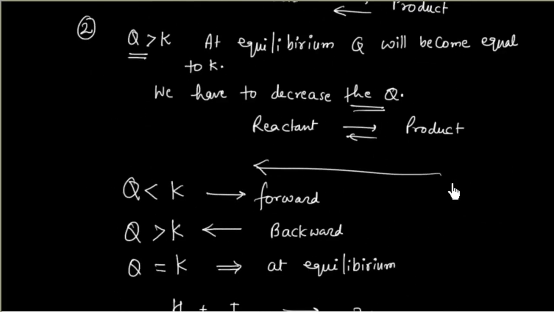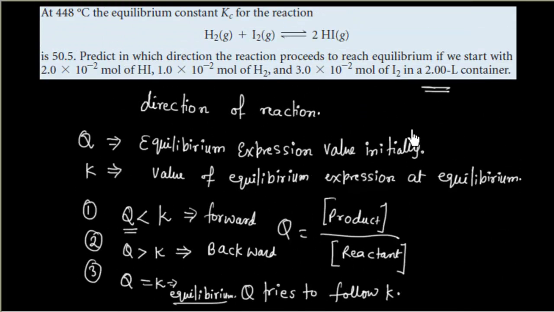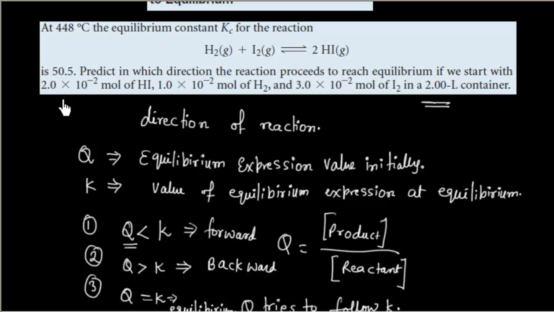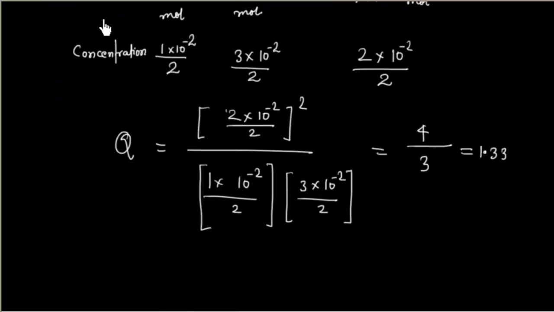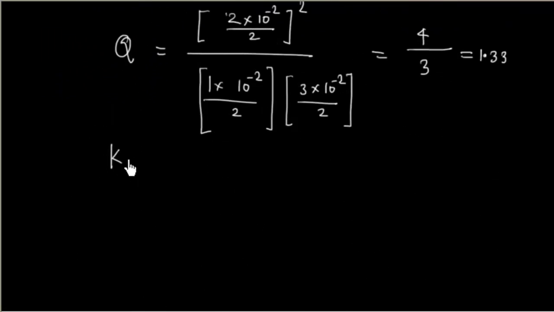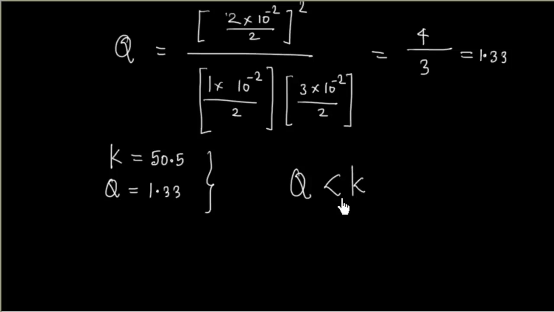Now the K value is given in the problem. It says K is 50.5, and we have calculated Q, that is 1.33. So we have a situation where Q is less than K, that is, Q is smaller.